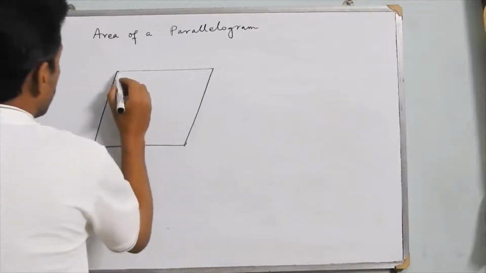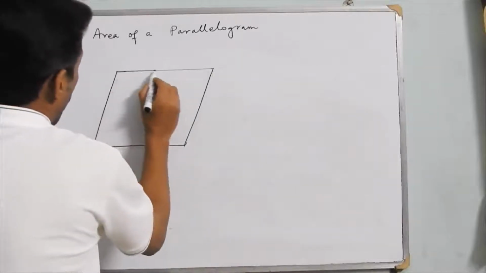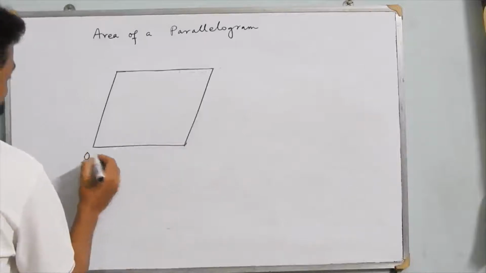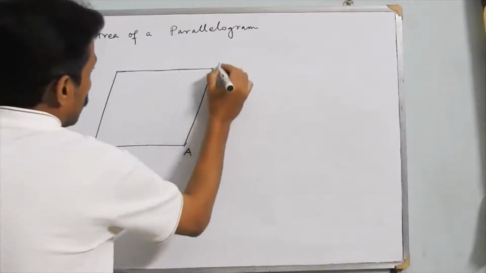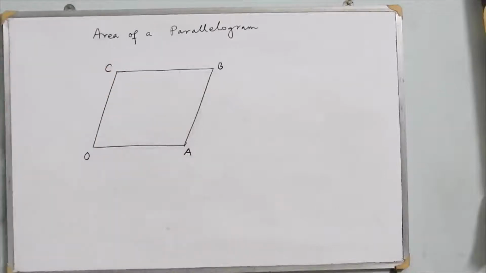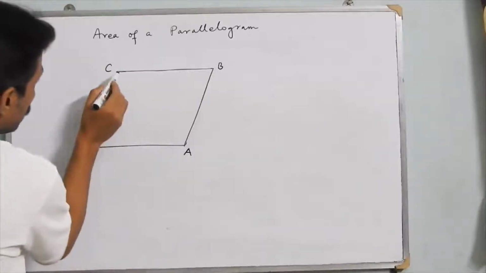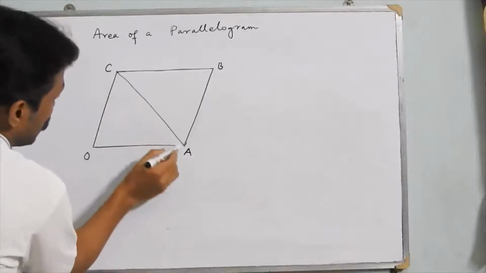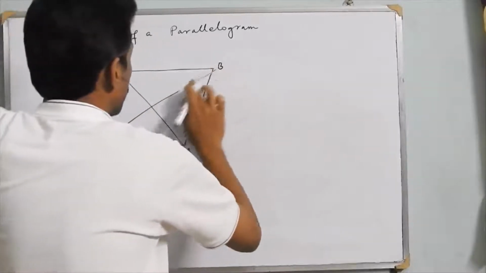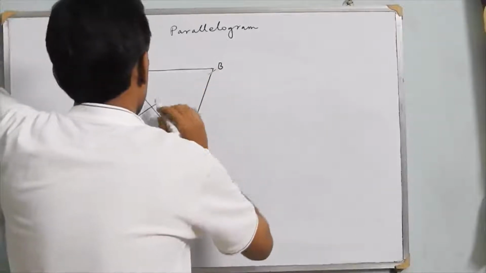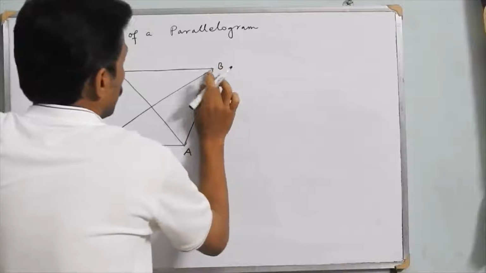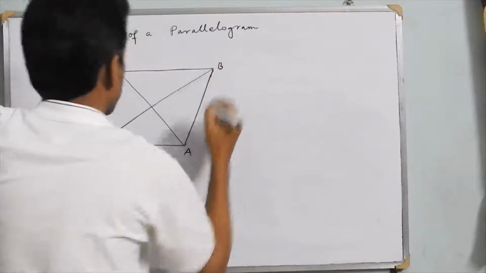Suppose this parallelogram is named as O, A, B, C. Obviously you can see that the diagonals are AC and OB. So the diagonals are AC and OB.